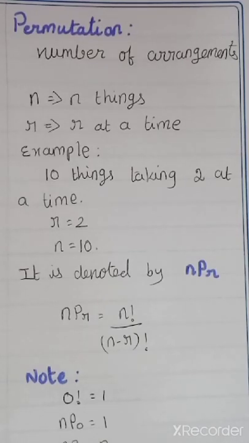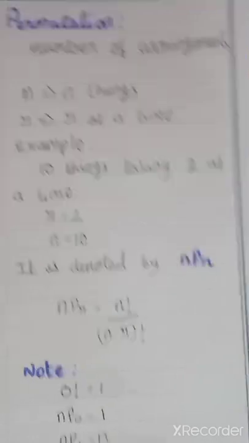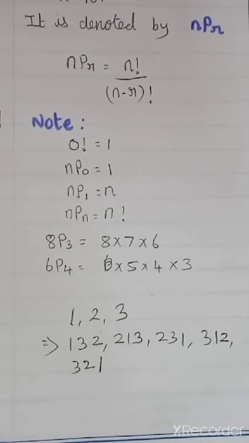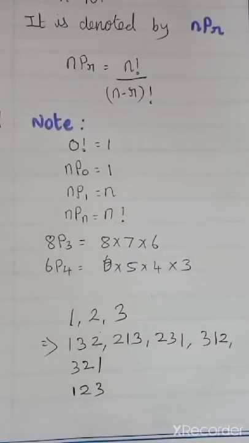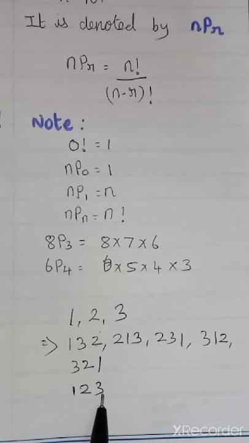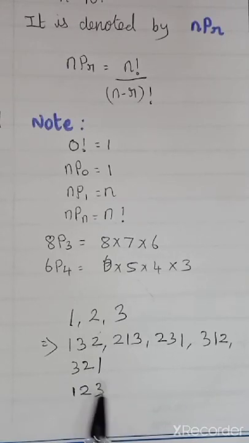Now look at this one. There is a number lock, and that number lock is 1, 2, 3. We have a number lock suitcase. Can I change this order to make a different number?